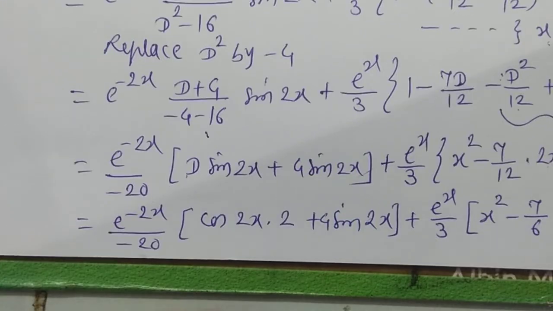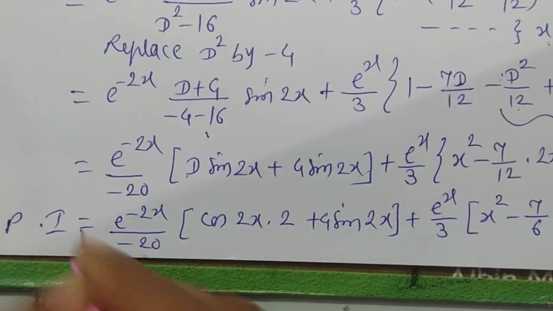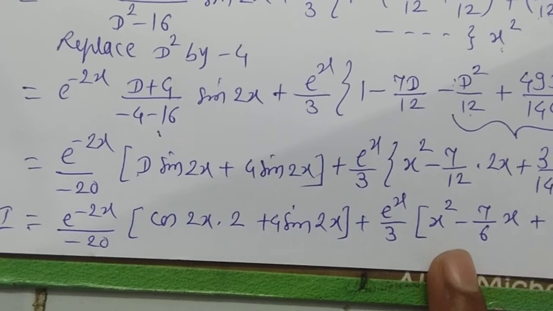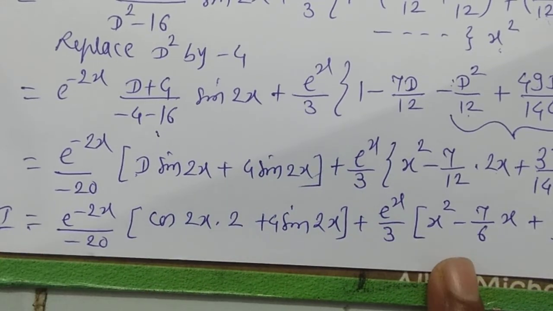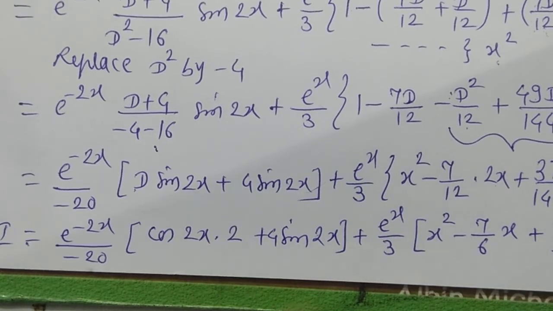So this is our required PI. This first term we had already solved, and this one we have just done. So this is the PI, and then we have to write the complete solution as the sum of CF and PI. So in this way we have to solve the examples where more than one case is involved.